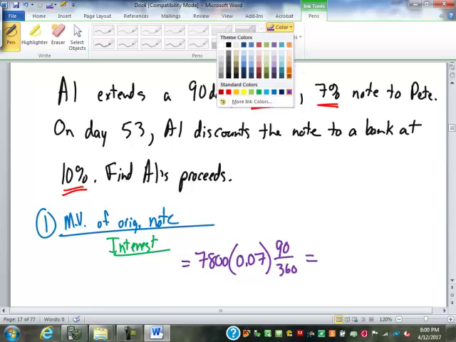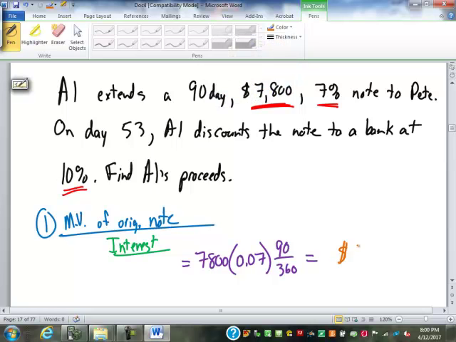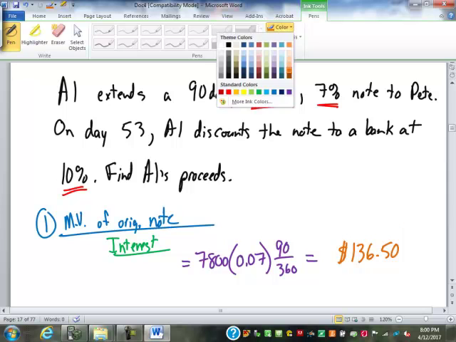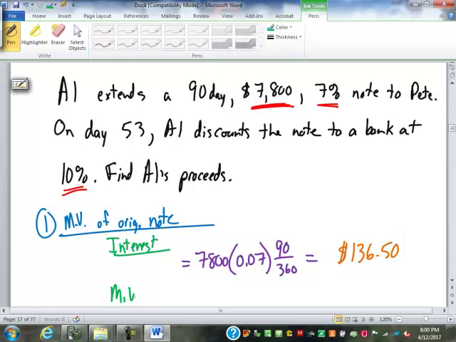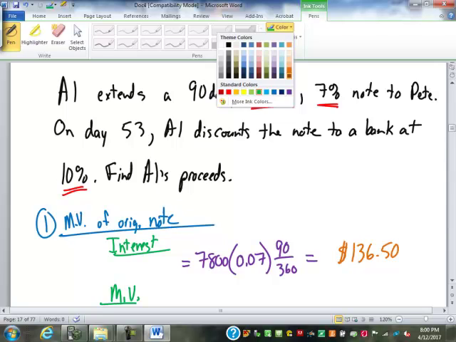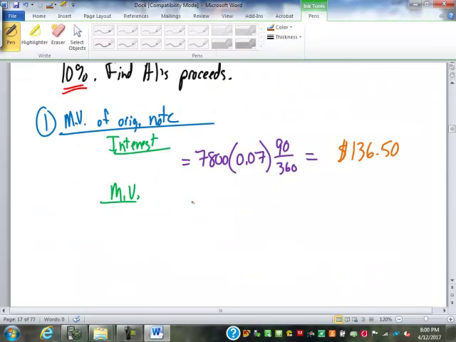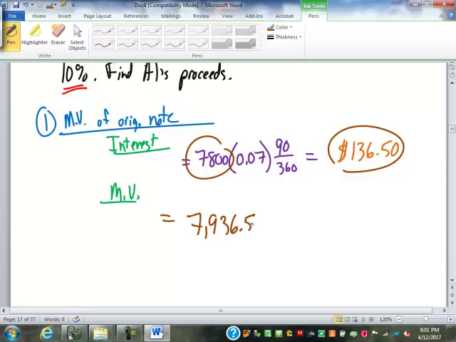Okay, and what do we get? $136.50. It gives us a maturity value. I'm going to combine those two numbers to get $7,936.50. How many are with us so far? Okay, anybody have questions on how we got to this point? Perfect.